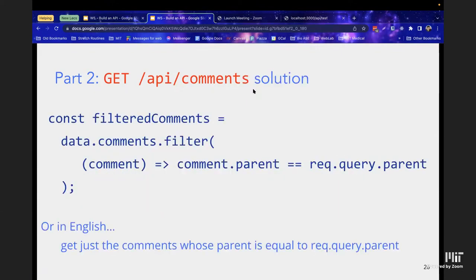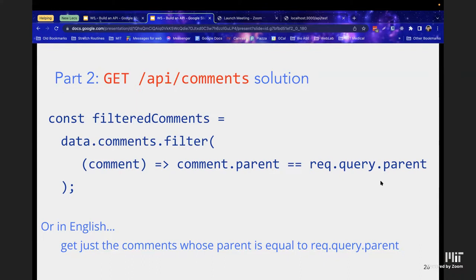So for the filter part, this is the newest thing if you're learning JavaScript or programming in general. You can see here we're using comment.parent, and this is going through the entire list of the comments that we have. And then we're just going to check if it's equal to what was sent in the request as the parent.